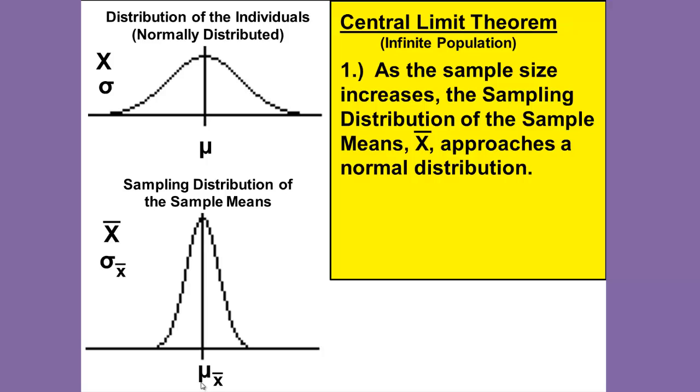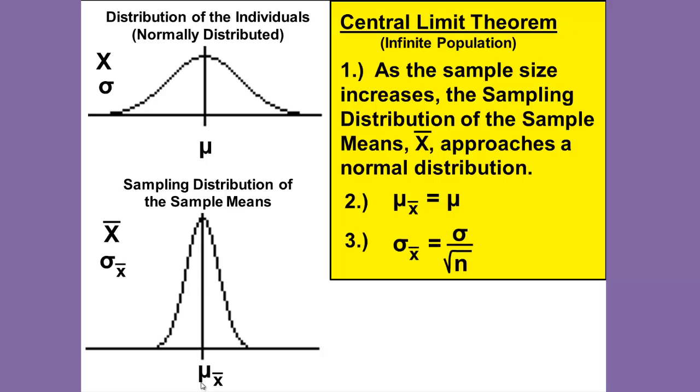So as our sample size increases, we are getting closer to a normal distribution. Number 2, the mean of our sampling distribution is equal to the population mean of our distribution of individuals. So the means are the same.